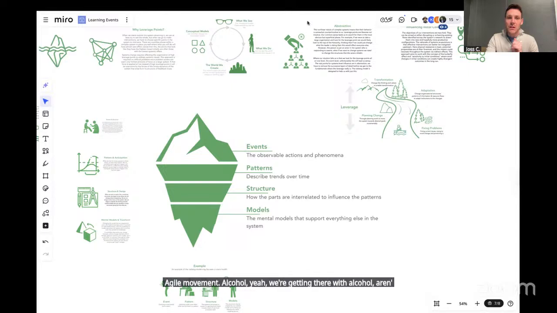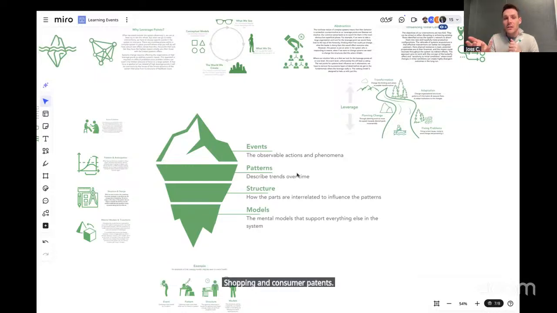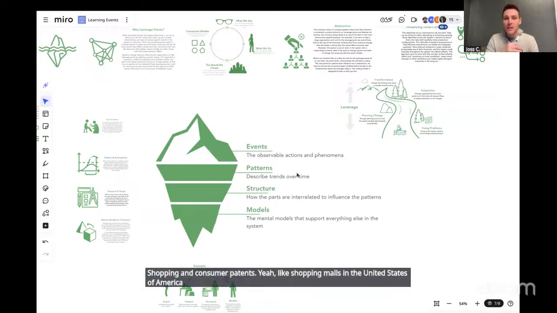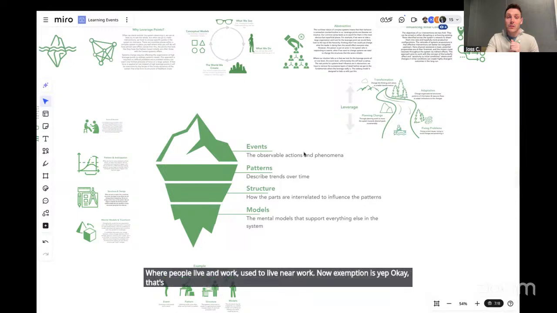That's changing. Even night clubbing here in the UK. I heard that clubs are under a lot of stress now. It's a dying sport, and people can't afford it because of the cost of living crisis, and they have other things they want to do, like being on TikTok. Shopping and consumer patterns. Yeah, like shopping malls in the United States are almost a dying paradigm in some areas. Where people live and work, they used to live near work. Okay, that's a good one, like work from home, remote working.